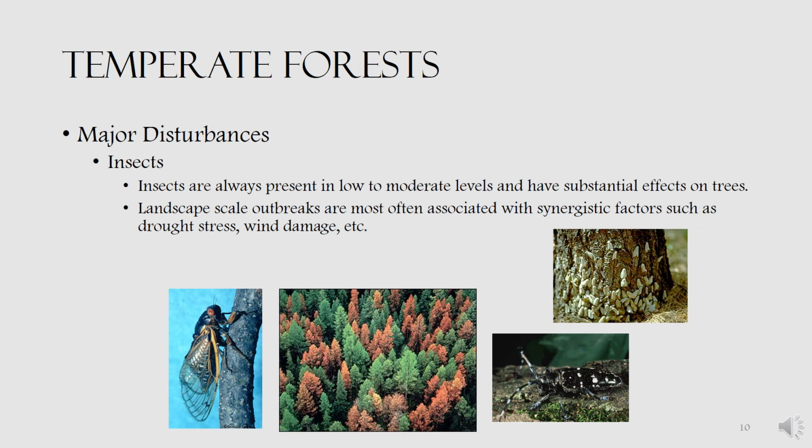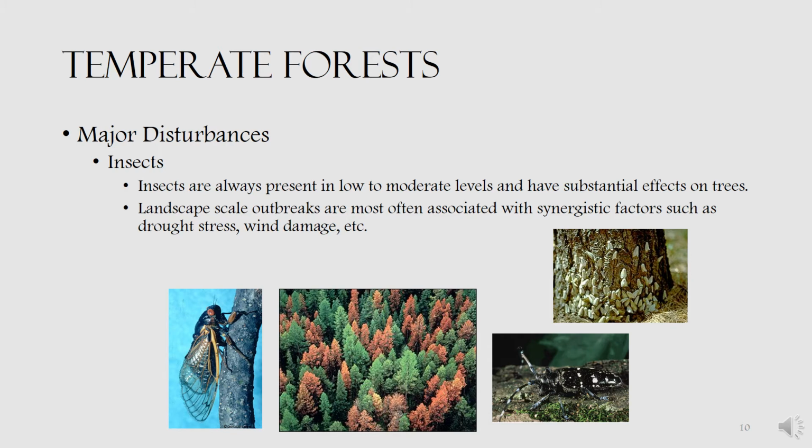Insects can also be a cause of major stand replacing disturbances. Certainly, insects have been in the news with the pine bark beetle in Colorado. Insects are always present in low to moderate levels, but they can have huge impacts on trees. Now, healthy trees are mostly able to withstand insect outbreaks.